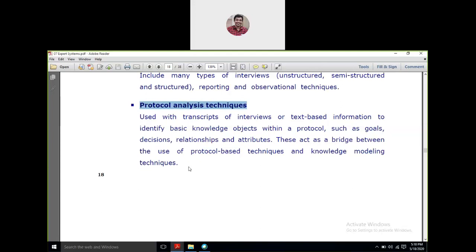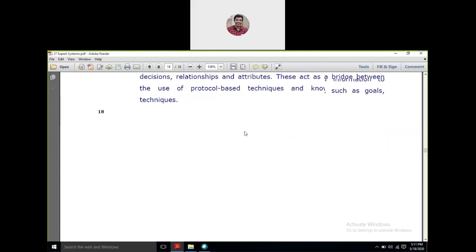So protocol analysis techniques are applied in those cases to identify the basic knowledge objects within that particular protocol, such as what your goals are, what decisions you need to take, and what the relationships and the attributes are that you're going to take care of. These are the things you will be doing under protocol analysis techniques.